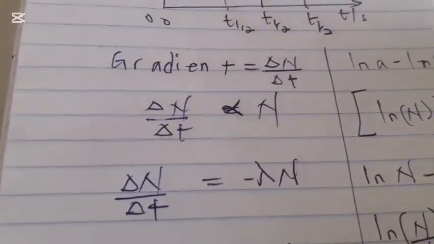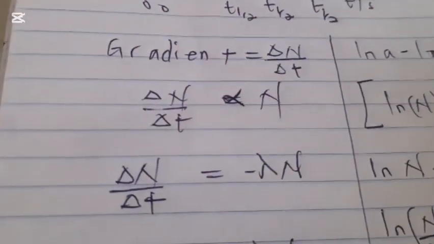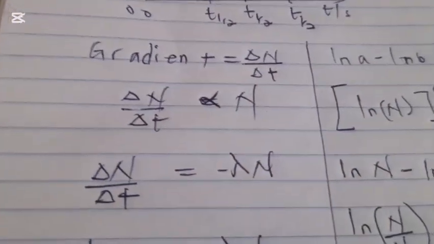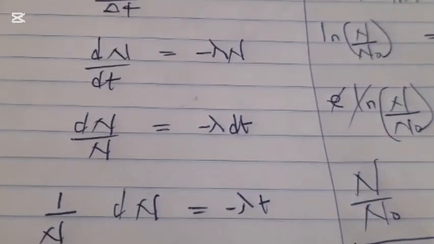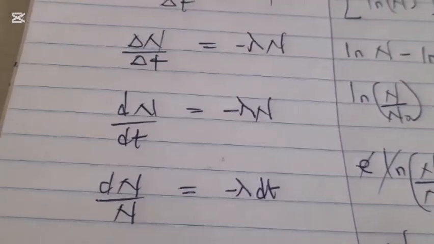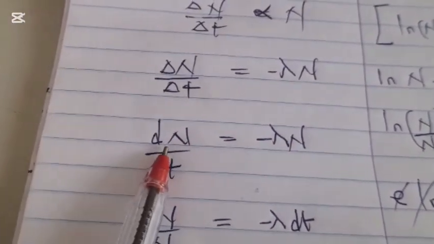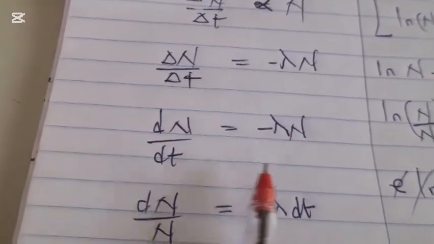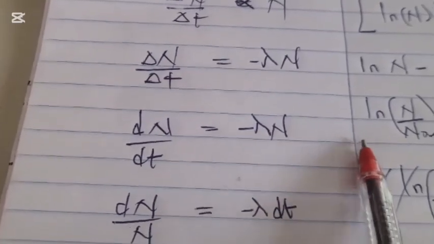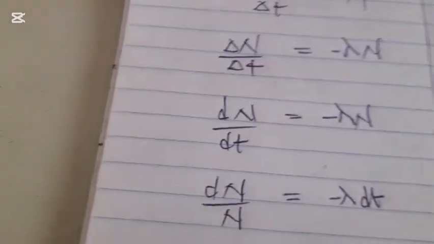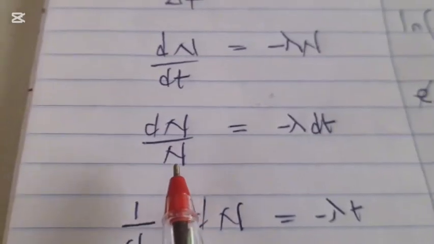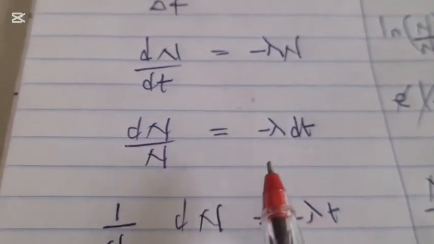To bring in the proportionality constant, that is lambda, and lambda is the decay constant. So rearranging, dN over dt is equal to negative lambda N. Rearranging, we have dN over N is equal to minus lambda dt.